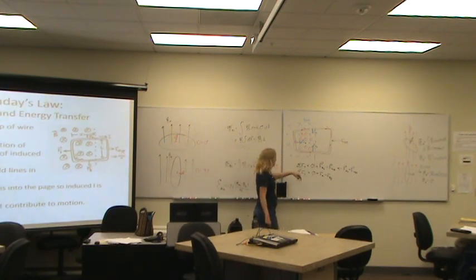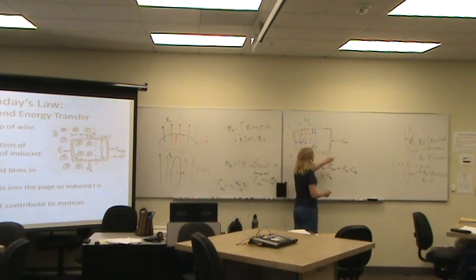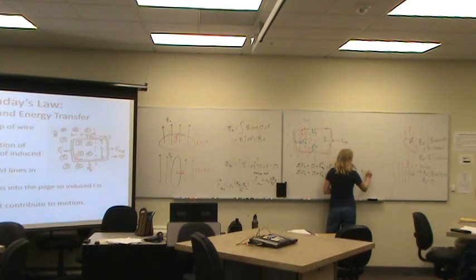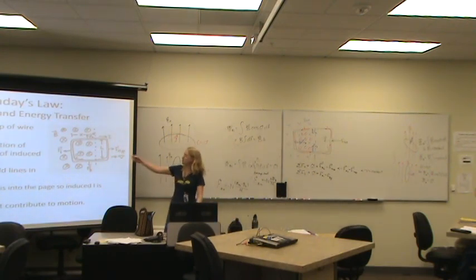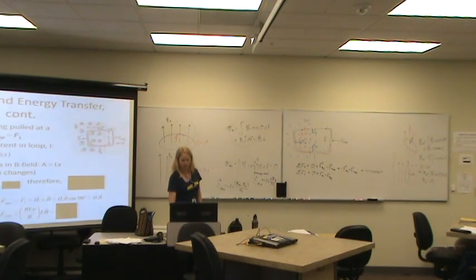So what this means is as you're pushing it, there's no acceleration, so this is going to move at a constant velocity. So whether you're pushing or pulling, you're always going to have a constant velocity.